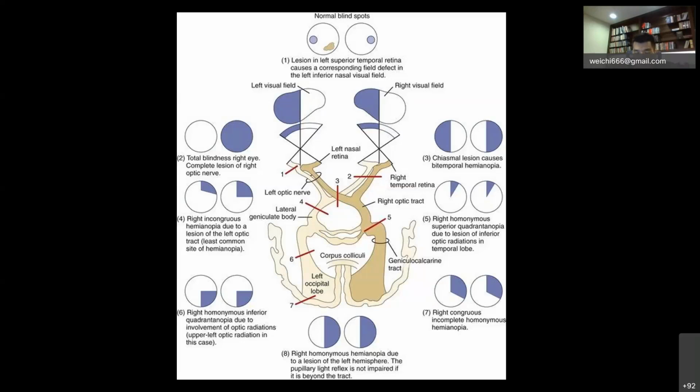Okay, this may take some time to digest, because the visual pathway was very intricately designed by God. It's not difficult to understand, but you just need some time to figure out the relationship between the defect and the visual pathway.